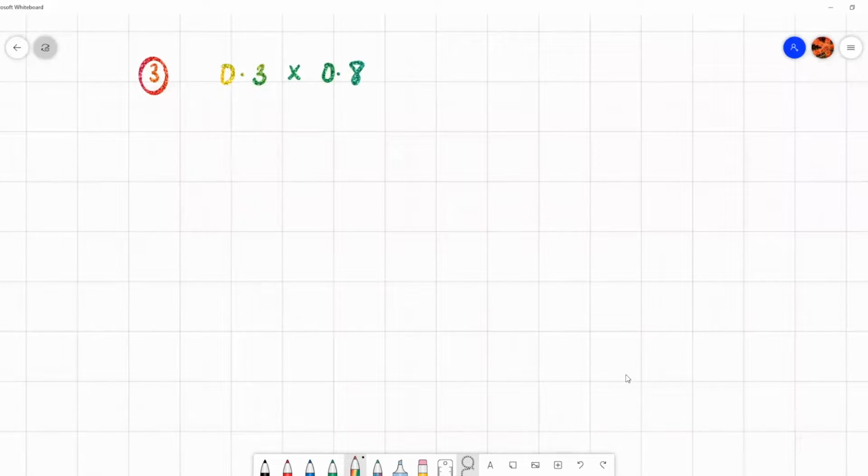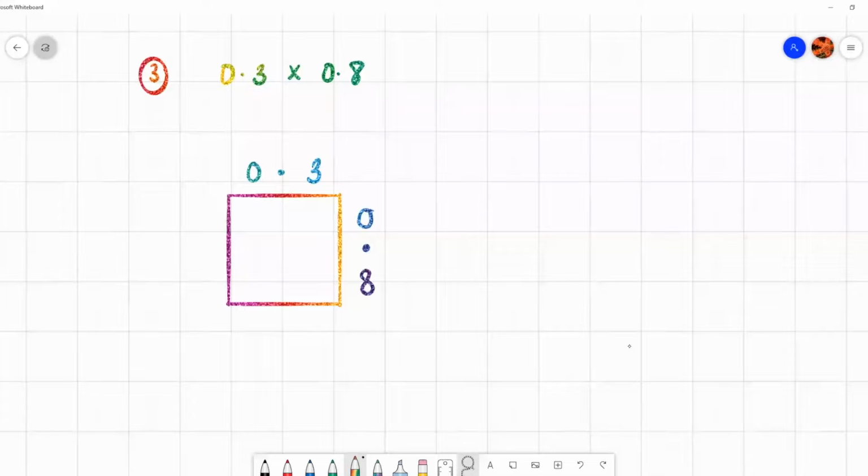I will suggest to do the Chinese method because it's easier and quite simple and straightforward. So 0.3 at the top and 0.8 down the side. It doesn't matter which one goes at the top and which one goes down the side because both of them are decimals. It's just when you have one of them that's a decimal, then it has to go to the top.